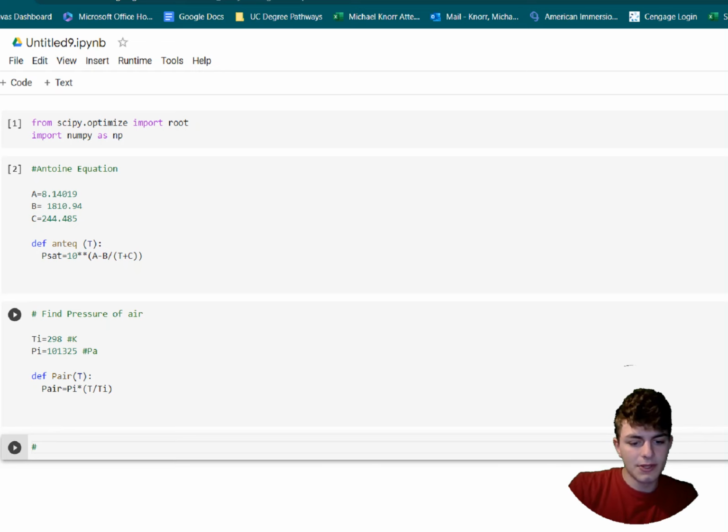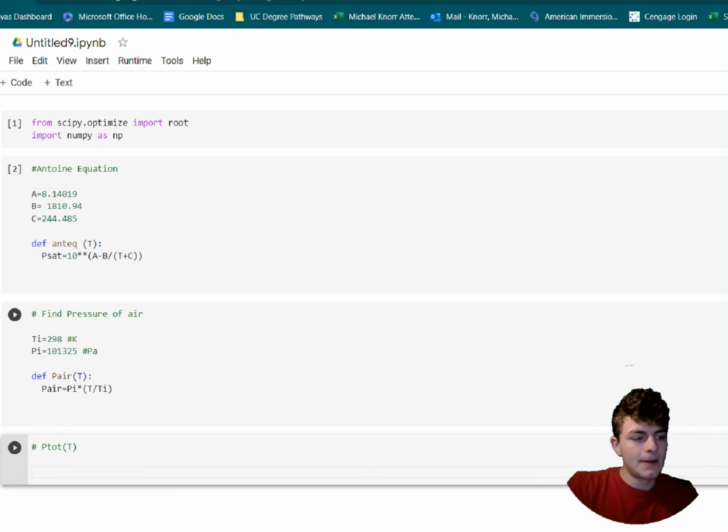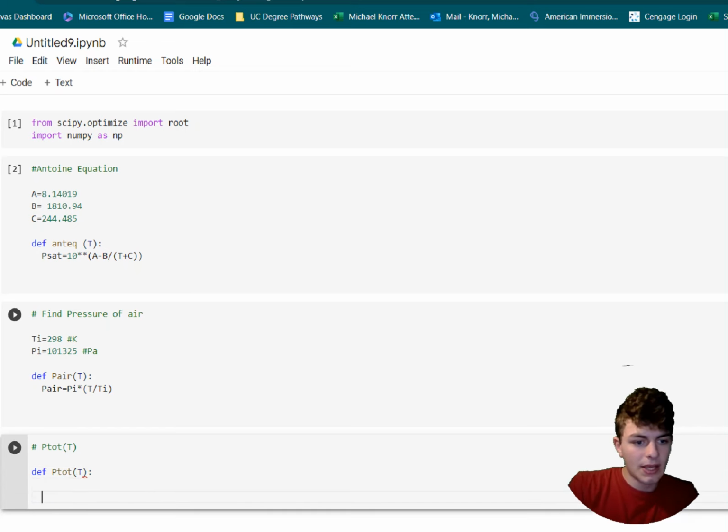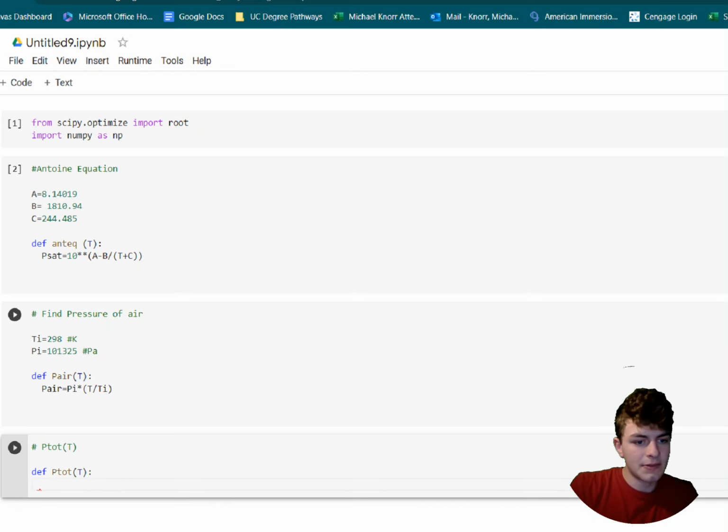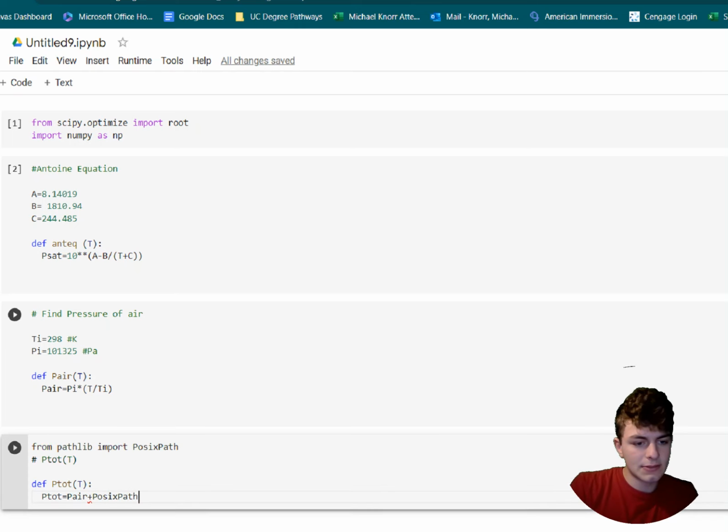So we'll call this P total as a function of temperature. And what we're just going to go ahead and do here is define the function P total as a function of temperature, and P total is going to be equal to P air plus P sat.